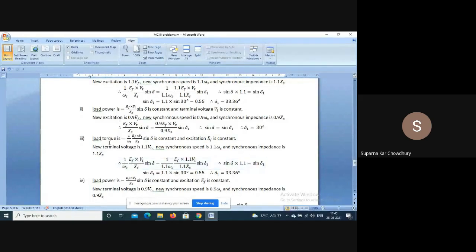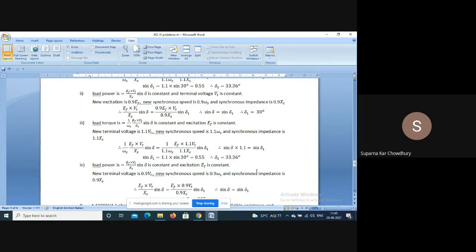So your torque is constant with 1 by omega s EF Vt by Xs sine delta is equal to 1 by 1.1 omega s EF into 1.1 Vt by 1.1 Xs into sine delta 1. So again sine delta into 1.1 is equal to sine delta 1. So delta 1 is equal to 33.36 degree.